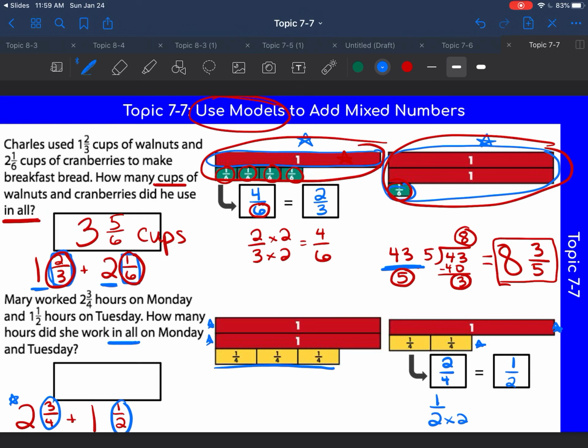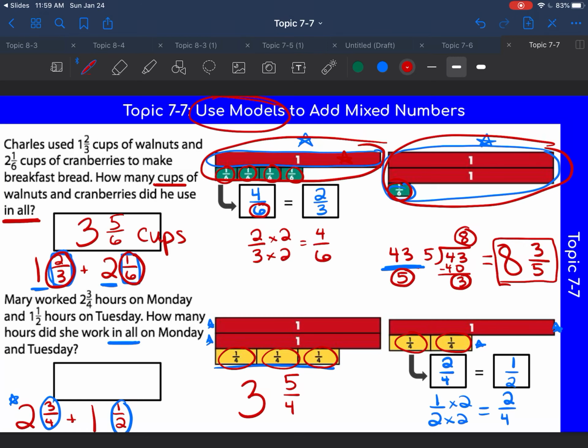Half, top and bottom times 2 gives you 2/4. Okay, now we can add the whole numbers and we can add the fractions. How many total whole numbers do we have? We have 3 wholes. How many total fourths do we have? Well, in this case, we have 1, 2, 3, 4, 5 fourths.